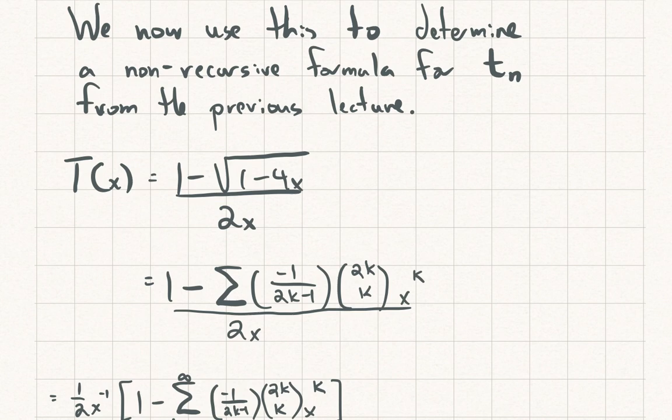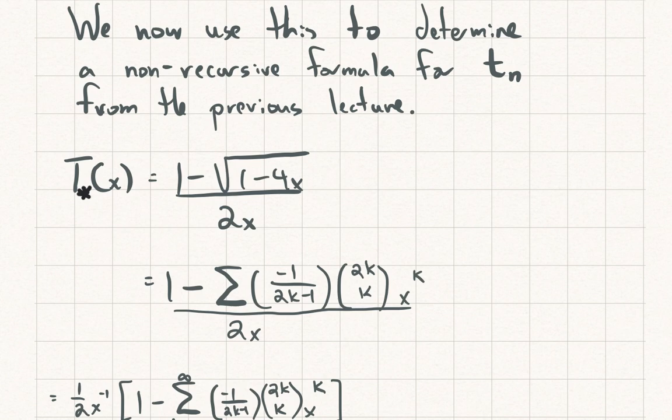So let's go ahead and do this. We had this t of x. Actually, it's t star of x. So I'll put my star there. We determined that's 1 minus root 1 minus 4x all over 2x. We simplified this root 1 minus 4x by the following Taylor series. So now we have these nice coefficients here in a nice form.